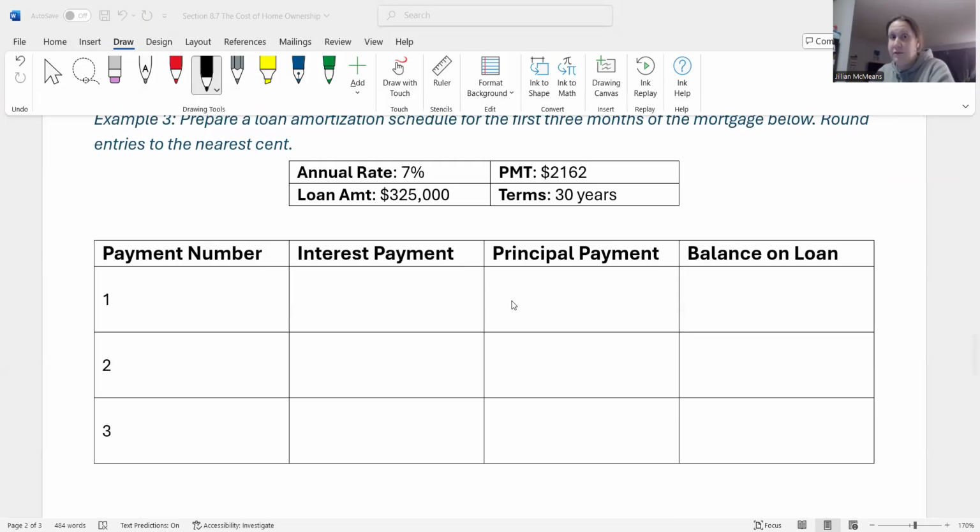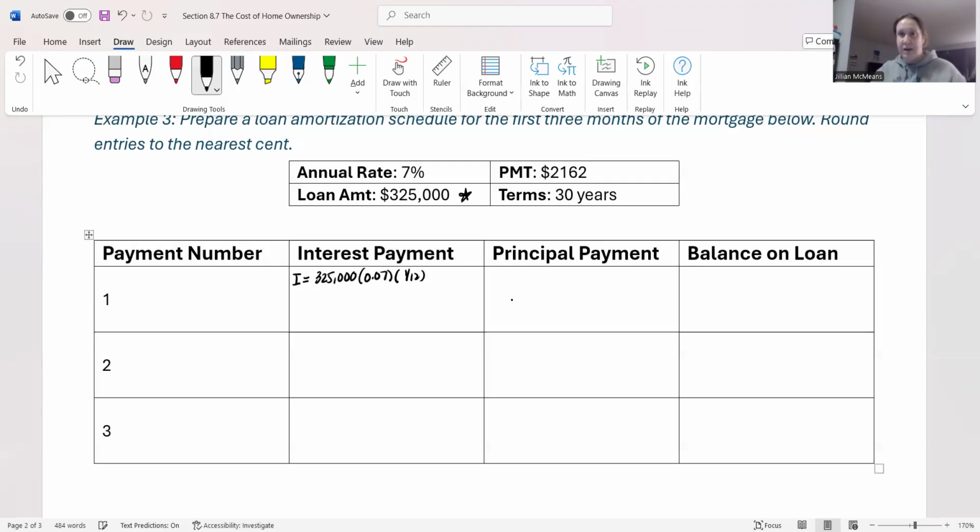The first thing we have to do is calculate the interest for month 1. So for month 1, we take the balance of the loan, which is the actual loan amount to start with. We calculate the interest, which is going to be 325,000 times the interest rate of 7%, and then times 1 month, so 1/12 of a year.